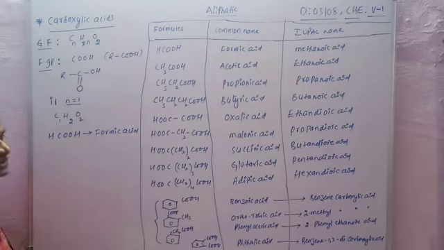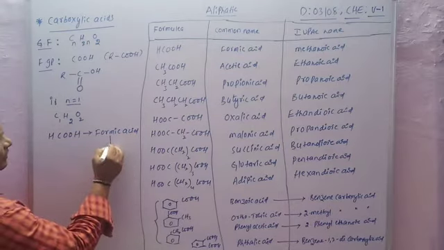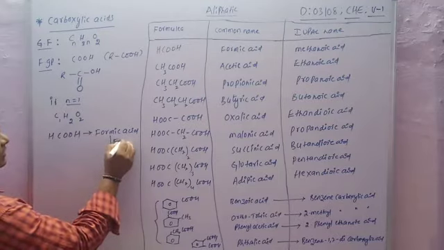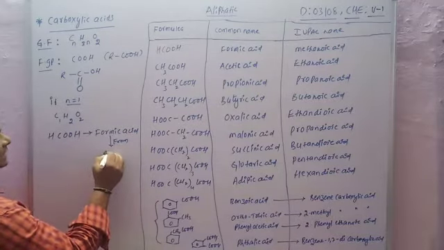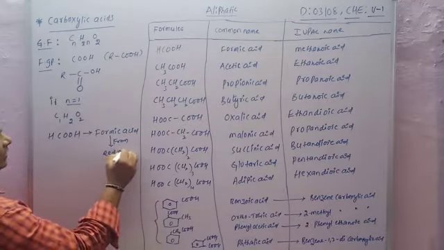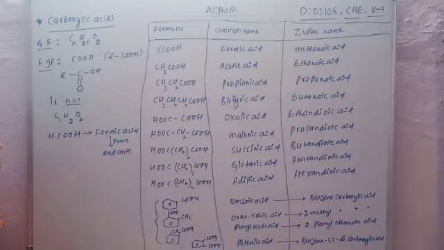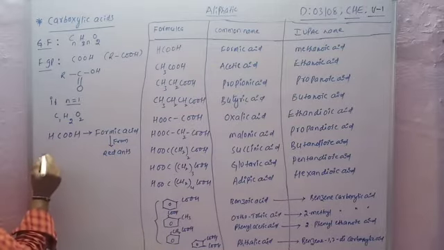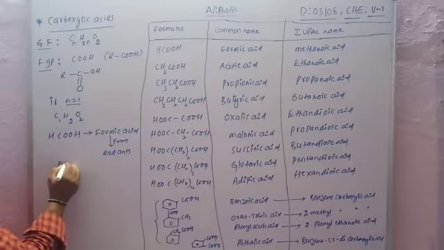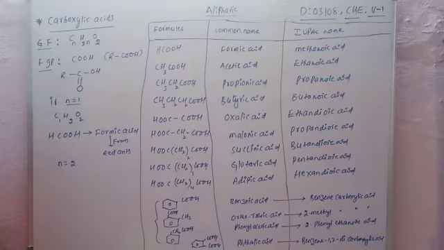Actually, formic acid is prepared from red ants. For example, if n equal to 2, what is the formula?